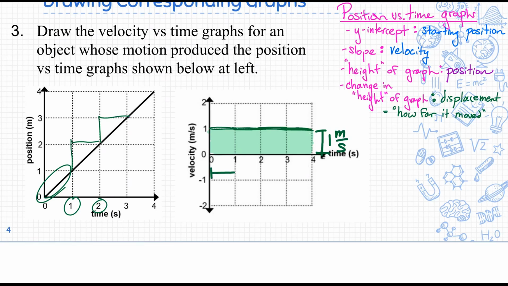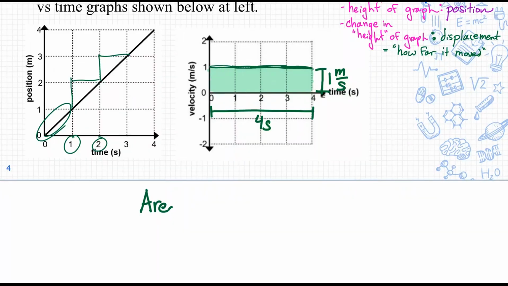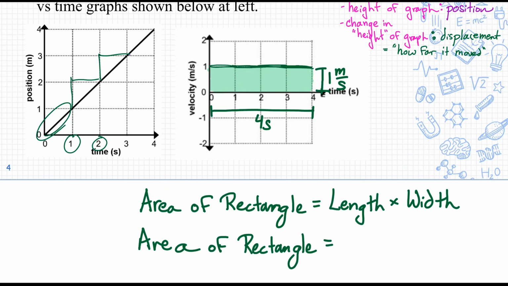And the width of this is 4 seconds. Well, if you remember, to do the area of a rectangle is length times width. I'm going to have the 4 seconds. So I'm just going to put seconds here times my width, which is 1 meters per second.